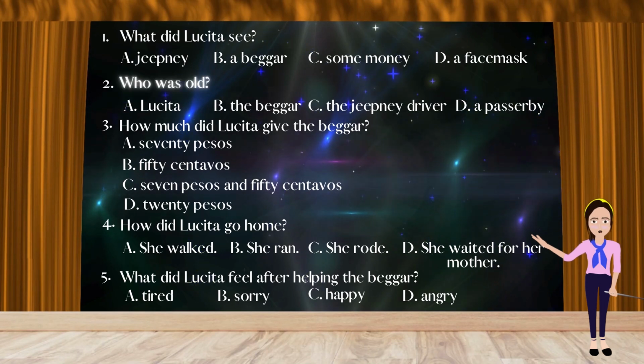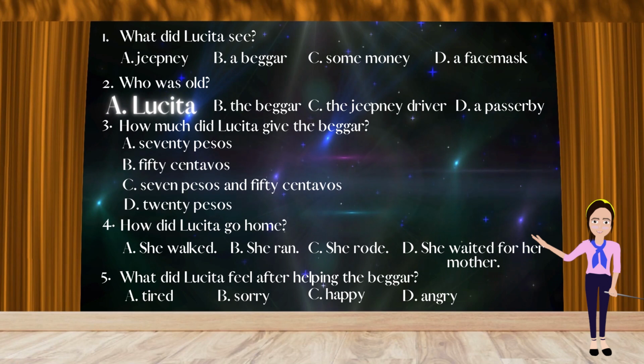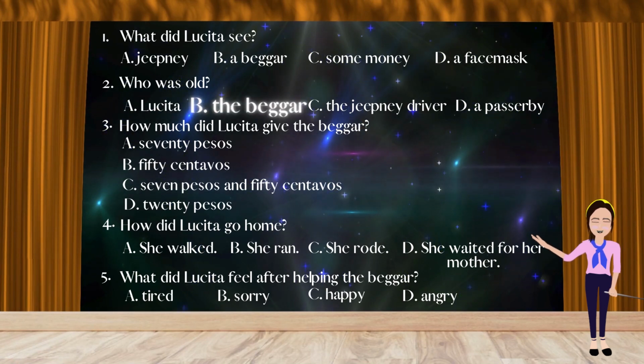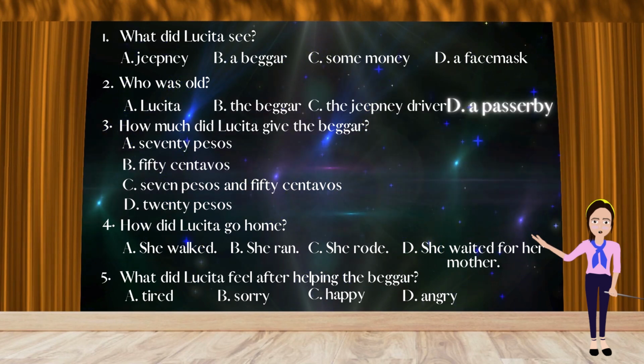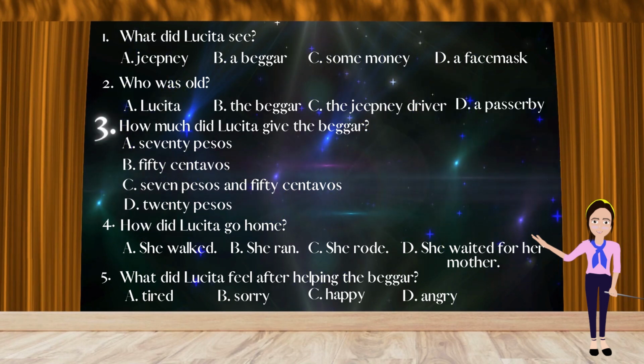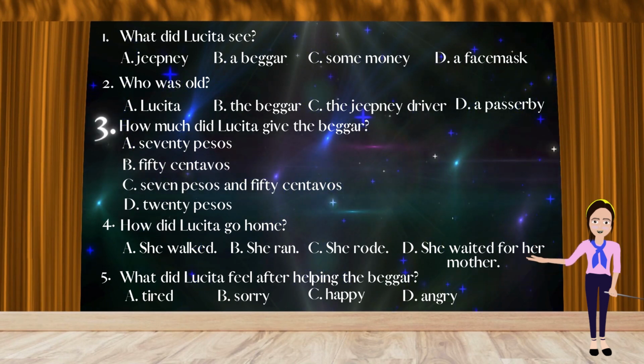Number 2. Who was old? A. Lucita. B. The beggar. C. The jeepney driver. And letter D. A passerby. Number 3.